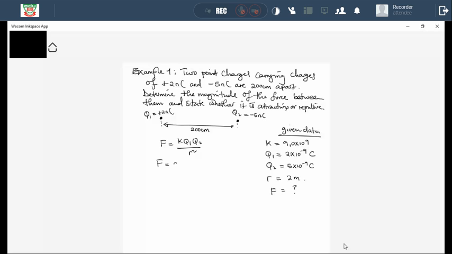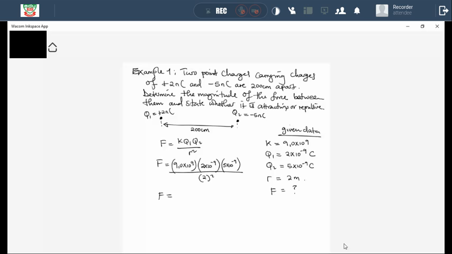F equals 9,0 times 10 to the power 9, then in brackets Q1 is 2 times 10 to the power minus 9, and Q2 is 5 times 10 to the power minus 9, everything divided by 2 squared.